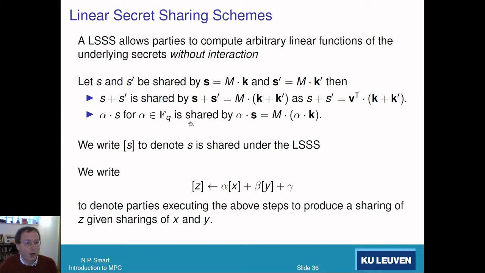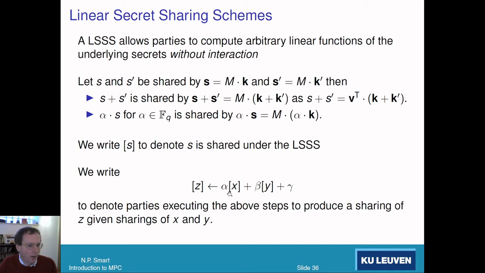We can also compute multiplication by a constant. So if we had a constant alpha, we can compute the secret sharing of alpha times s just by multiplying each share by alpha. So that's really nice. What that allows us to do is, if we use this notation of square brackets [s] to denote the fact that the value s is shared under this linear secret sharing scheme, then we can compute arbitrary functions like this.